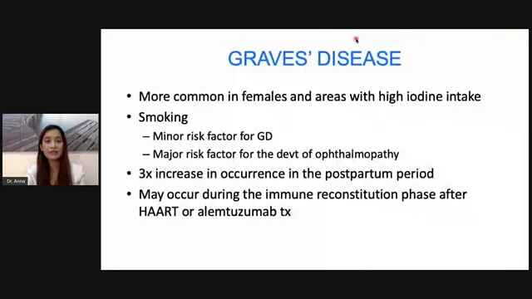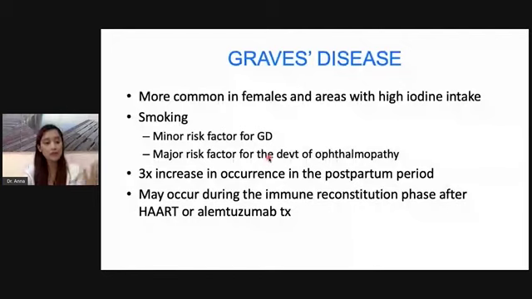So let's go first to the most common cause of hyperthyroidism, which is Graves' disease. It's more common in females and in areas with high iodine intake. But of course, it can also happen in males, so it's not exclusive to females. Smoking is a minor risk factor for Graves, but if you have a patient with Graves' disease who is a smoker, it's a major risk for the development of ophthalmopathy.